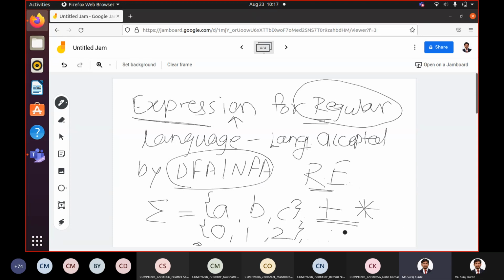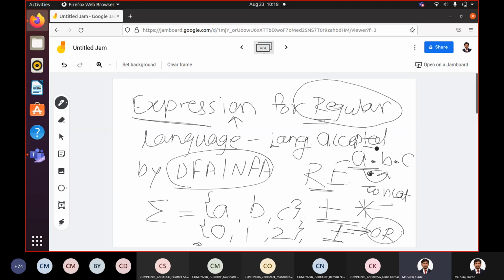Dot is concatenation. What does a dot b mean? A is followed by b. After b, I can write c, so b is followed by c. A followed by b followed by c.